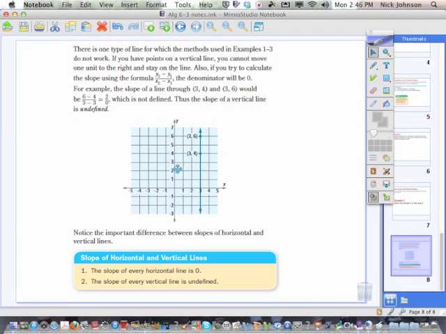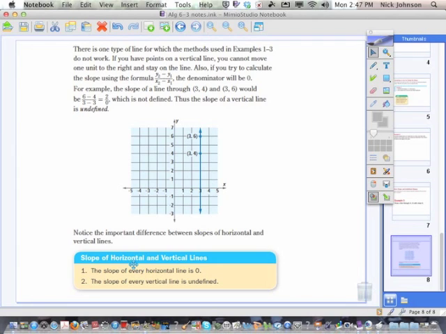Well, their x values are the same. So when you have a vertical line, you have 2 points and their x coordinates are the same, which means then you have a vertical line and the slope is undefined.